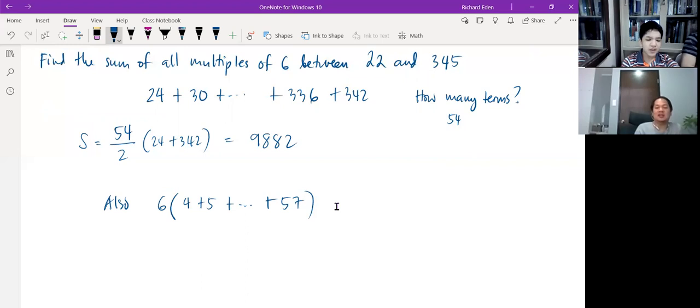You could add these as an arithmetic series, and the number of terms, 54, would be so much easier to determine then.